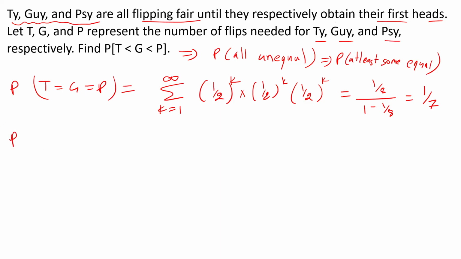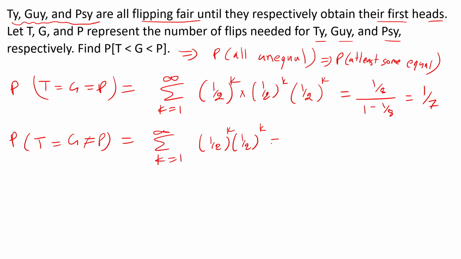Now let's figure out the probability of two of them being equal, T equals G and not equal to P. First the probability of T equals G. That has probability 1/4 to the K, and summing over K gives 1/4 upon 1 minus 1/4, which is 1/3.